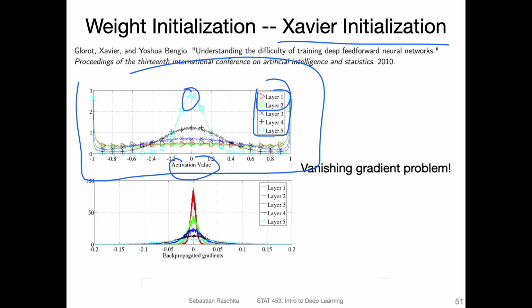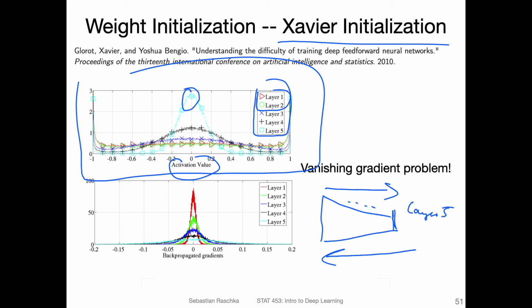Consequently, when we do backpropagation, we have this multivariable chain rule, right? So we go usually from the right to the left. If I have a network, let's say like this, that's the forward pass, and then in the backward pass, I start with layer 5 and then multiply things until I reach layer 1 when I do the updates.